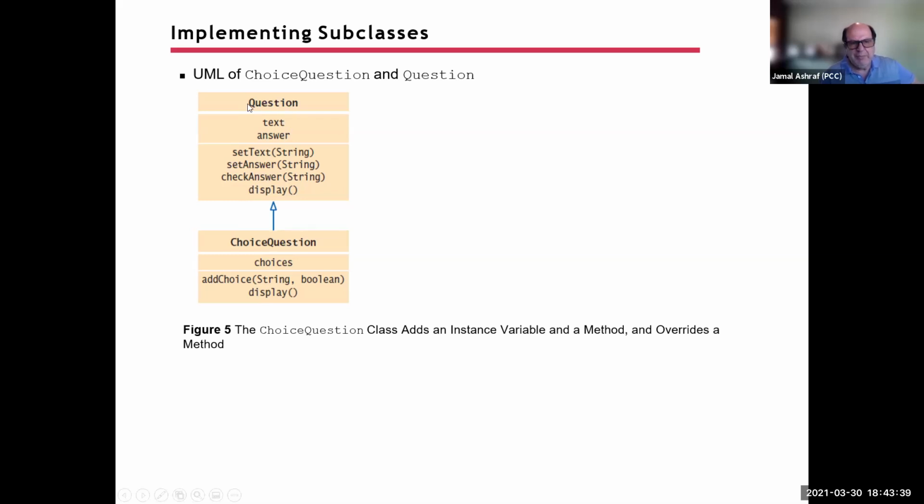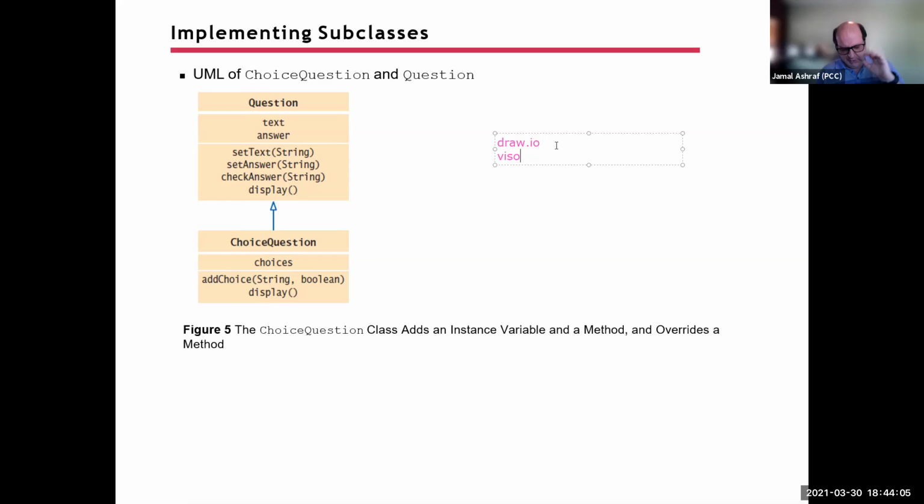So we have the name of the class. You can use draw.io or you can use Visio. When I was using Visio, that's what I was used to. The data would have a minus sign and the methods would have a plus sign.